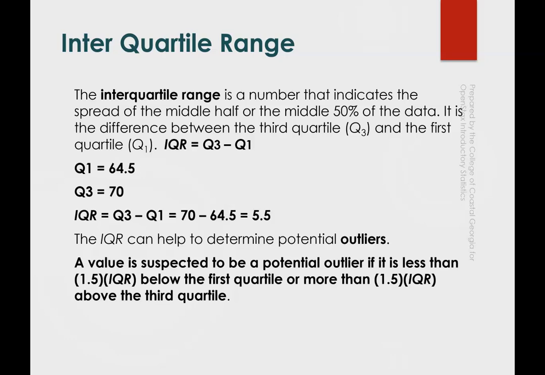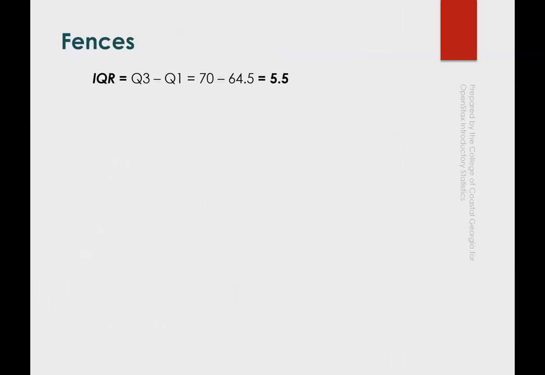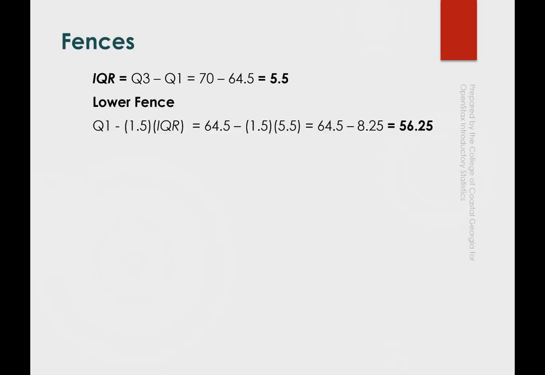If a value is more than 1.5 times the IQR below the first quartile, or more than that above the third quartile, then we will have anything past that as an outlier. The fences, we have to figure out the lower fence.